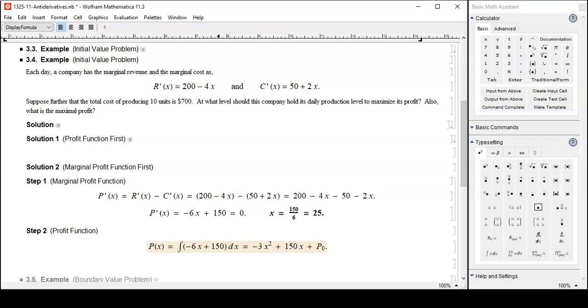Now let's find out this p naught, and that could be a bit of a problem, because total cost of producing 10 units is 700, okay, and the total revenue of producing 10 units, I don't have that. How about total revenue of producing 0 units? That's 0. But then again, total cost of producing 0 units, well, I don't have that either. So finding this one out directly by plugging in the x value is going to be a bit of a challenge. How do you handle that?